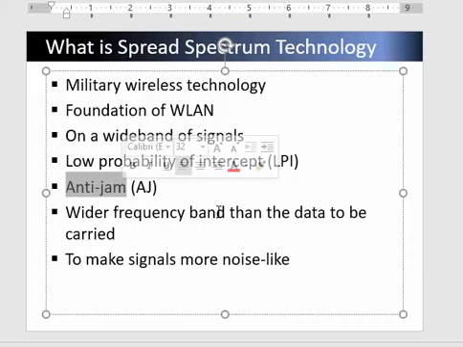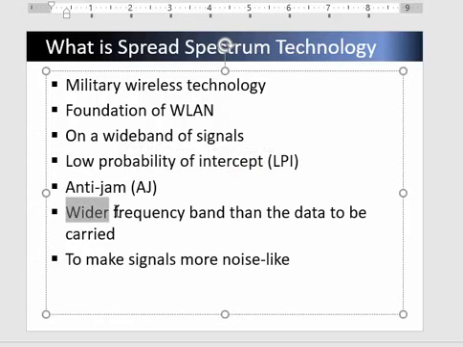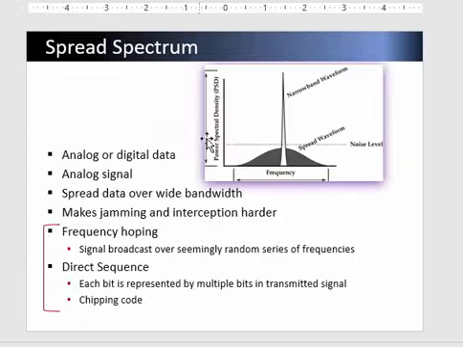Rather than using a narrow band, we use a wider frequency band. So rather than using a tall, peaky signal, if our frequency band is this wide, we press the signal down and spread it throughout the whole frequency band.